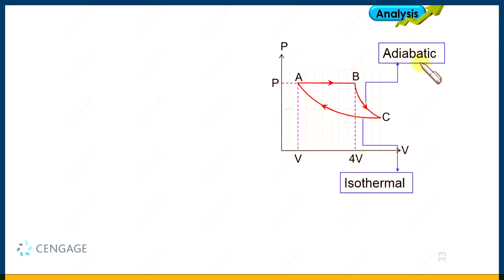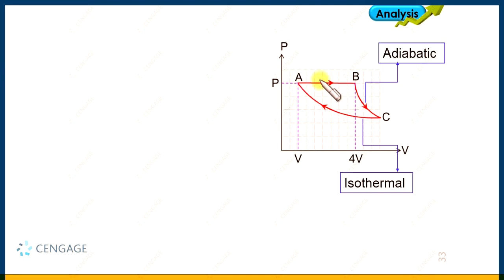For an adiabatic process, we know PV to the power gamma equal to constant, and for an isothermal process PV equal to constant. We know the equation of the process for this part and this part. That means, we will use these two equations to find the volume and pressure at this position.